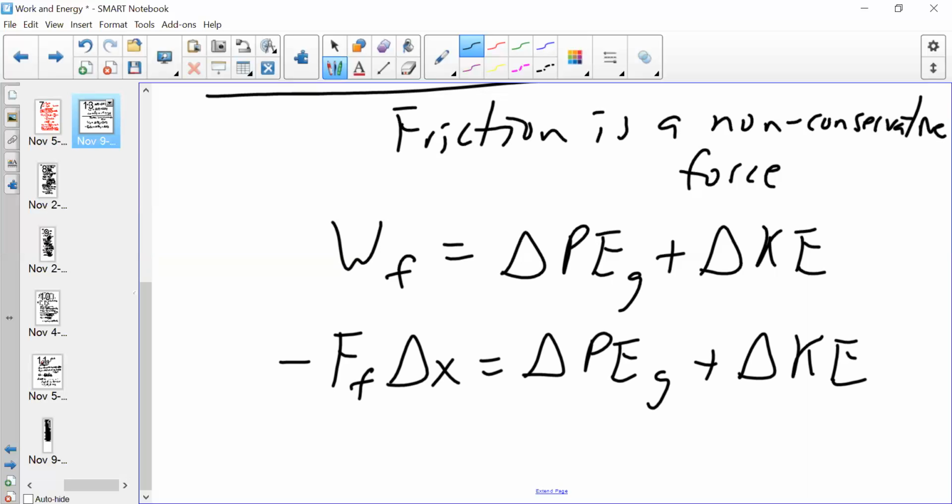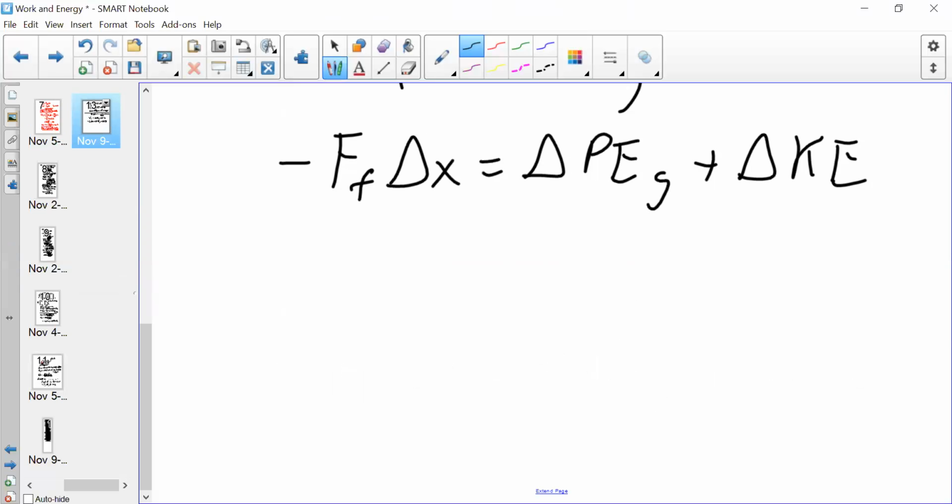Overall, in the entropy of the universe, it's zero, but in terms of this mechanical energy, friction takes away. But if you take the universe as a system, you're always going to get it back. So this is going to be negative mu k times the normal force times delta x equals.